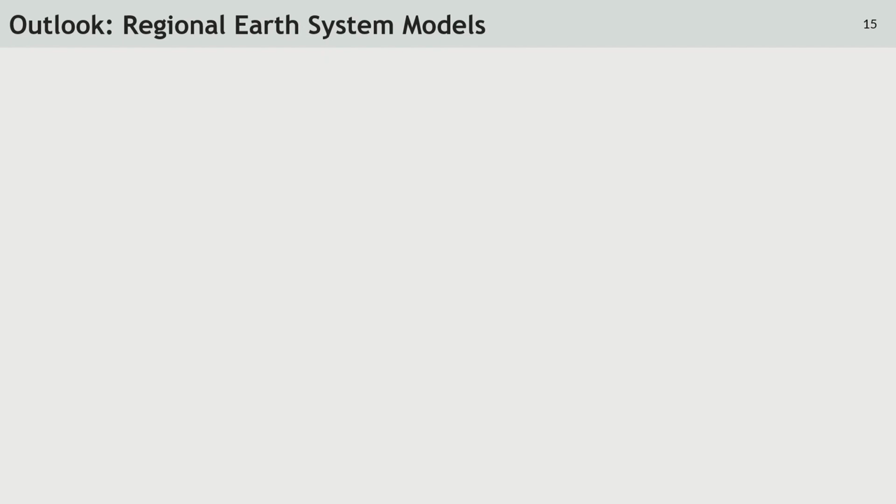So to wrap up, I'd like to also give a little bit of an outlook. I've just been talking about weather here and regional models for weather, but really this kind of problem is present in a bunch of different areas, and maybe in particular in different types of Earth system modeling domains.